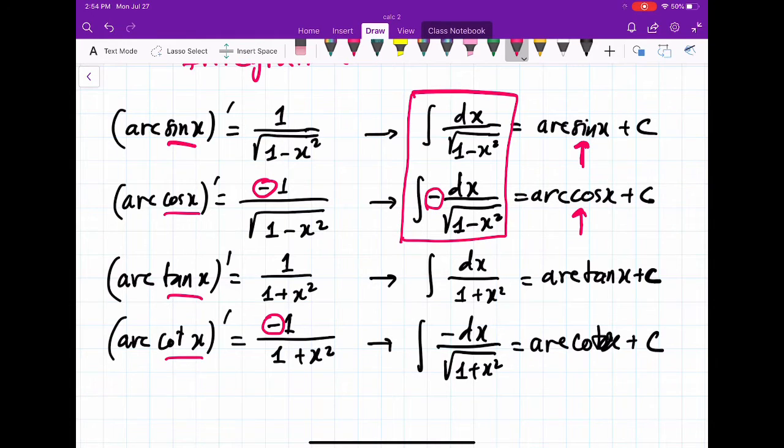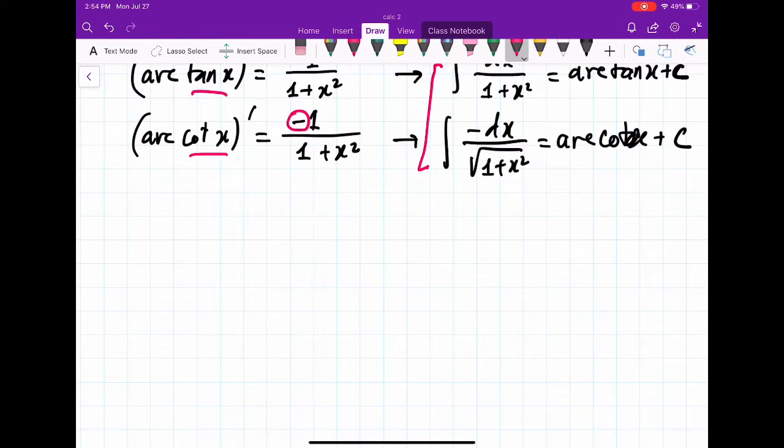The same situation is right here. So whichever you want, you may choose to write arcsine or arccosine, but we have to understand the domain. I will not talk about cosecant and secant. Please copy the formulas for yourself.